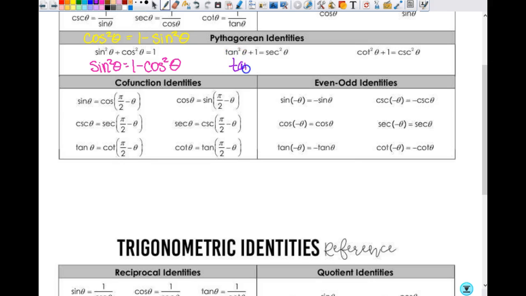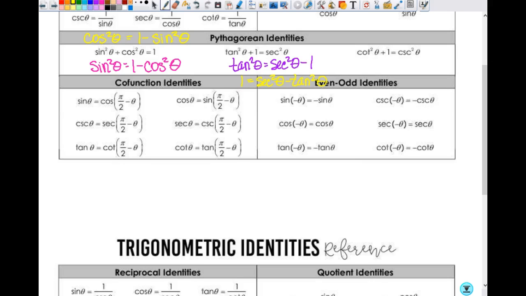Then for the middle one, let's solve for tangent. Tangent squared theta would equal secant squared theta minus 1. And I could also solve for 1: 1 equals secant squared theta minus tangent squared theta. Now, you can add in any order, but you can't subtract in any order. So with secant squared minus tangent squared, it's important that it's in that order.